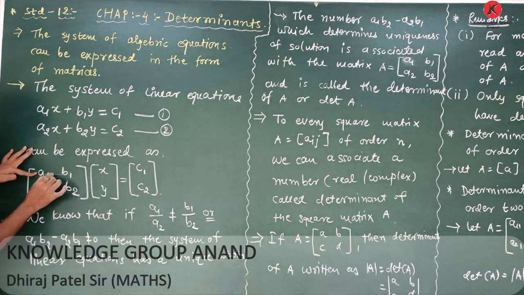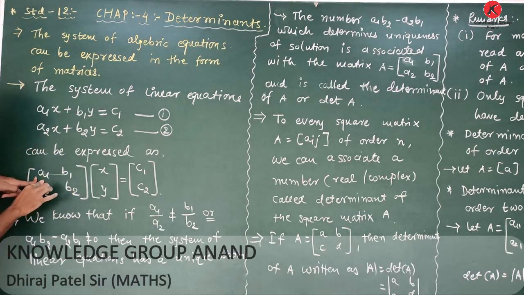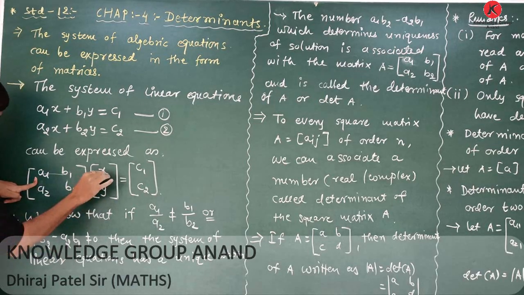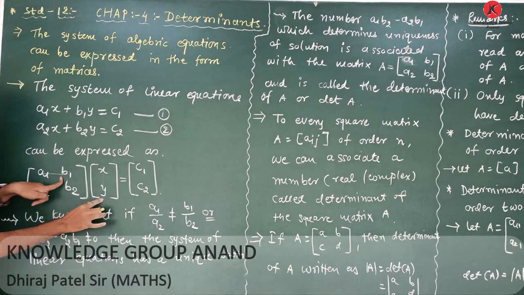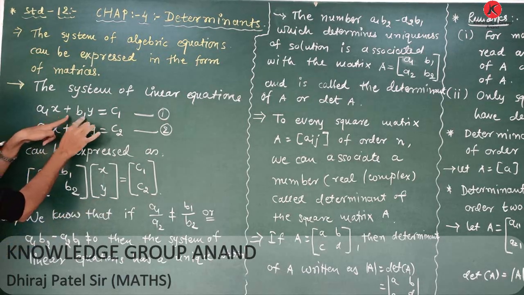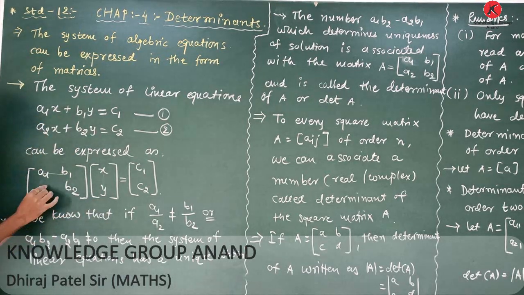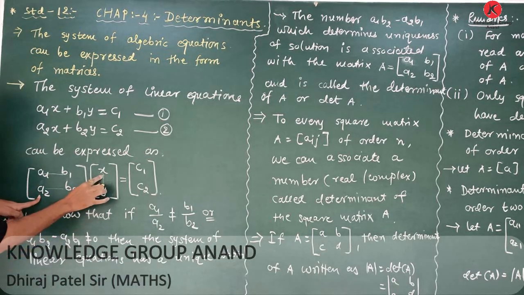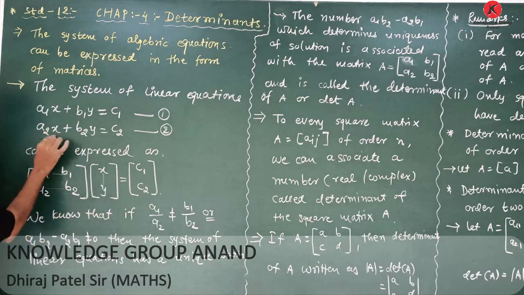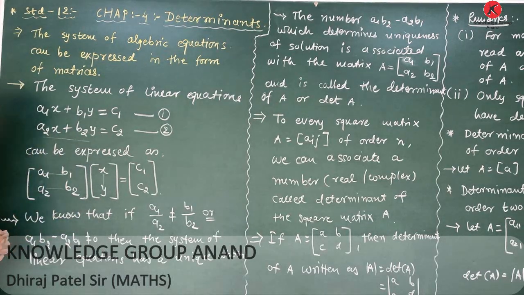How? See here, first row, first column, the multiplication is a1x plus b1y. Now the second row, first column, we are getting a2x plus b2y. Therefore this equation is there, and we know that the order of the matrix will be 2 by 1.